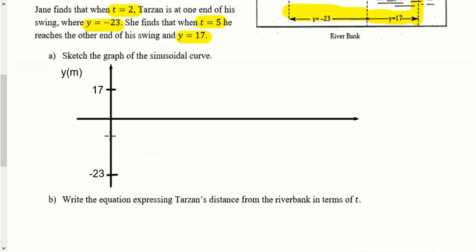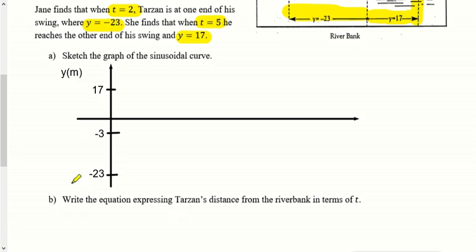The middle of my graph would be right about here, and we have to figure out what is in the middle between 17 and negative 23. The difference between 17 and negative 23, 17 minus negative 23, would be 17 plus 23, or 40. So it's a 40-meter difference, which means I need a 20-meter distance to the midline, which would put this right here at negative 3 meters.